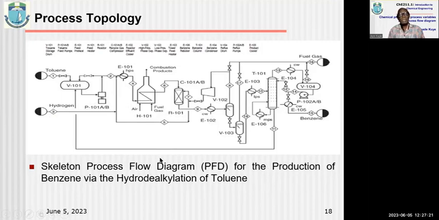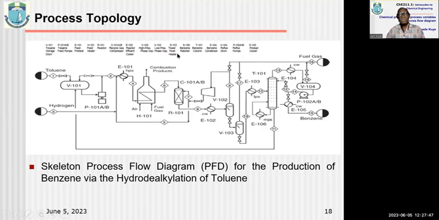So this is a typical example of a process flow diagram. And this is just for the production of benzene through hydrodealkylation of toluene. So that's the process. You can see the inputs coming in, and you can see the summary of the various equipment on top.